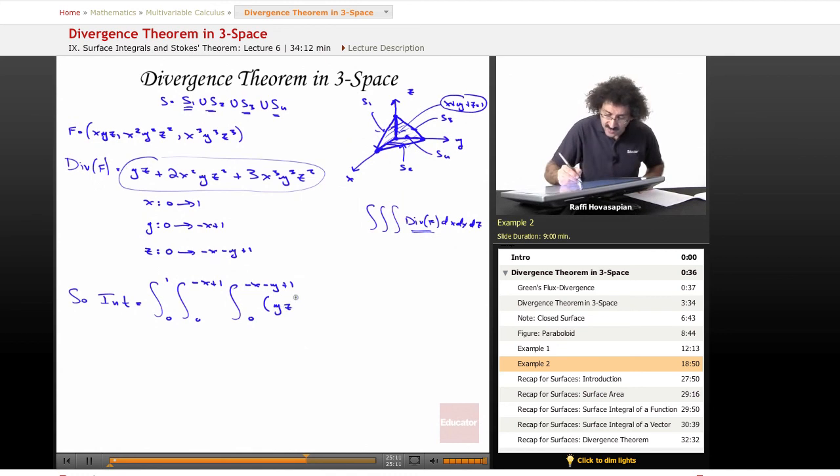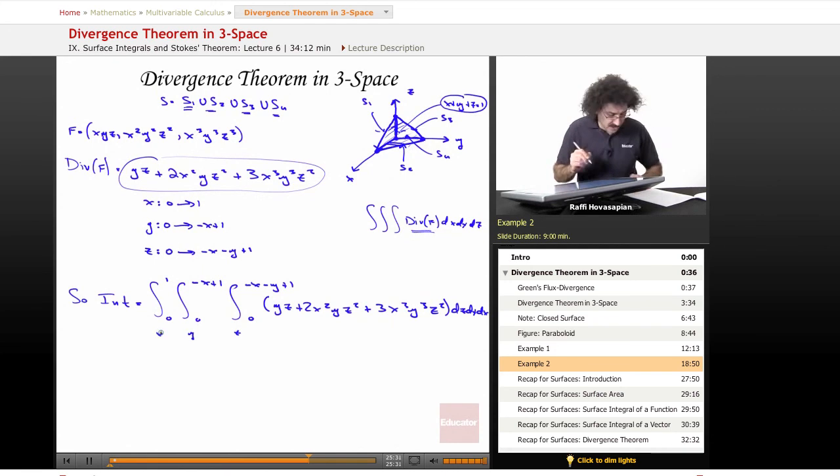We have yz plus 2x squared yz squared plus 3x cubed y cubed z squared. And we did dz, dy, and dx, because this is z, this is y, and this is x, working our way out.